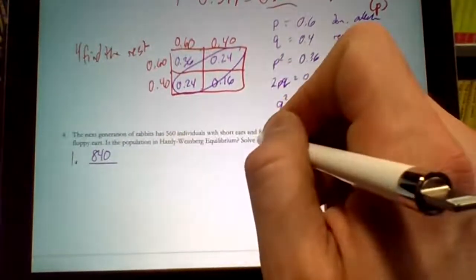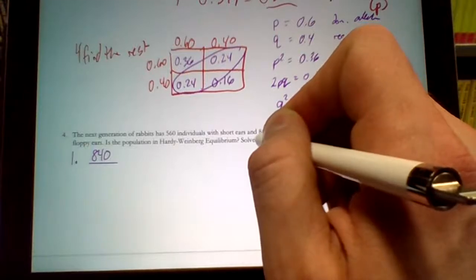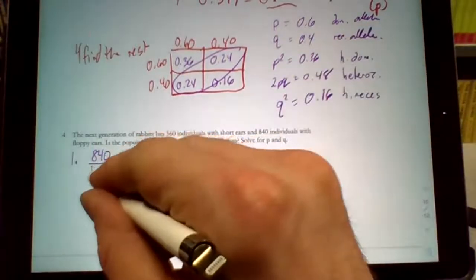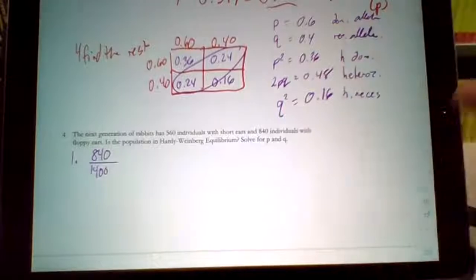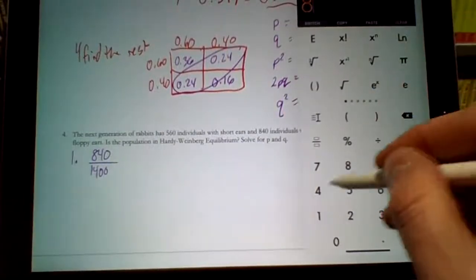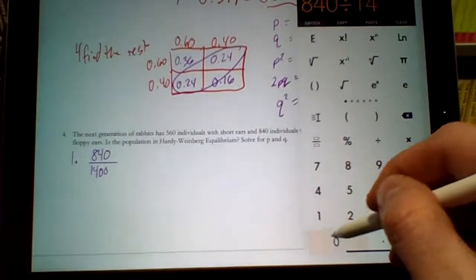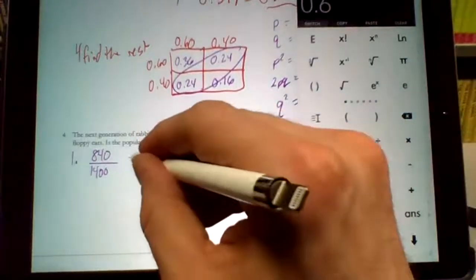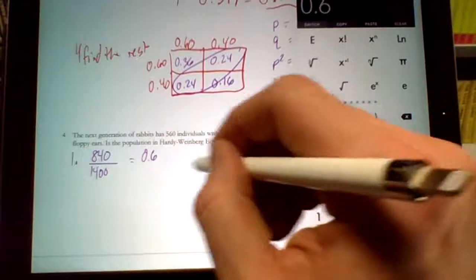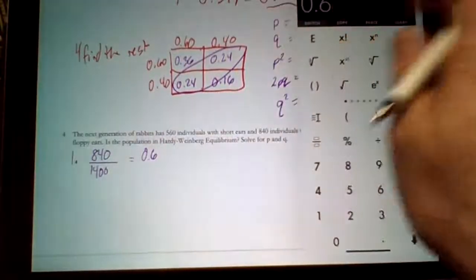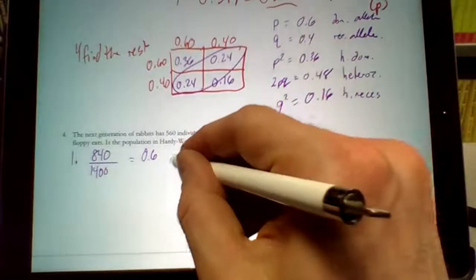I add the two together, so that's 1,400. So 840 divided by 1,400, and I get 0.6. This is my floppy ears, so that's actually my q squared.